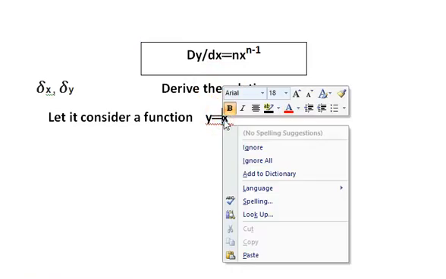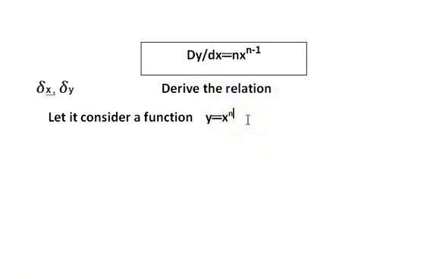The next step is to add the increments del x and del y on both sides. In the case of the y function, the increment is del y, and in the case of the x function, the increment is del x.